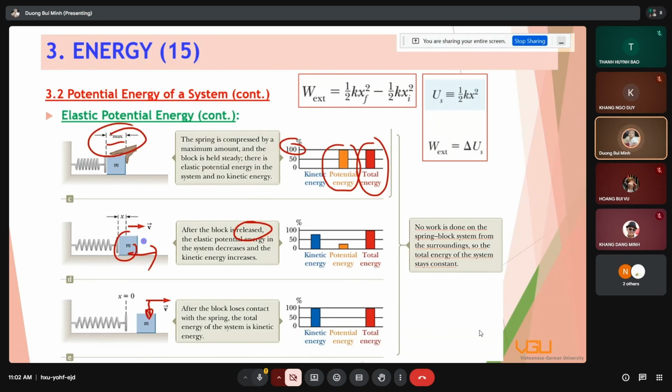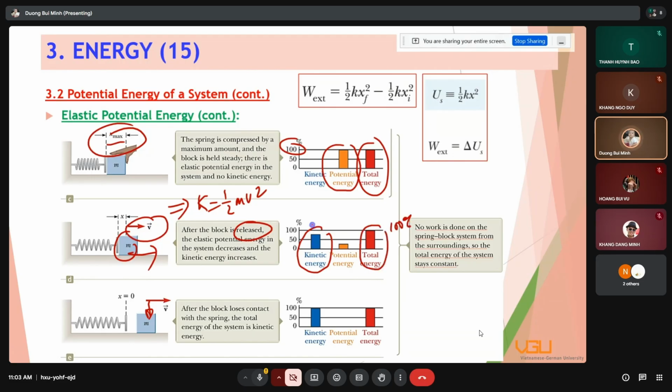So when you release the hand, the object is moving, so we have velocity. If we have velocity, we think about kinetic energy, which is half m v squared. Of course, the total energy is 100%.